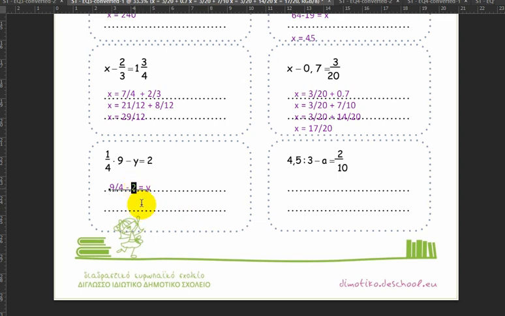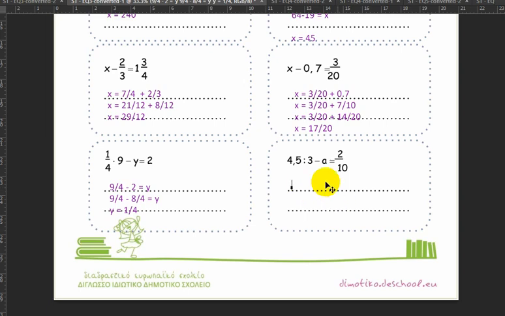Then I'm going to turn this 2 into a fraction with a denominator of 4. So 9/4 remains the same, minus the 2 will become 8/4, equals y. 9/4 minus 8/4 will be equal to 1/4. So y equals 1/4.